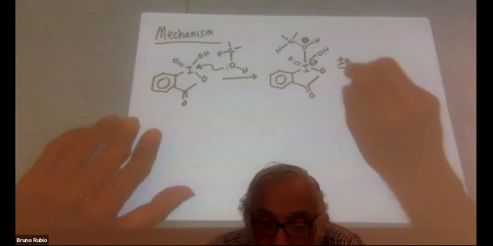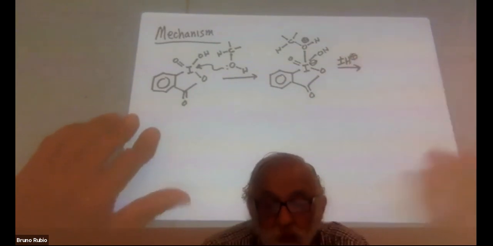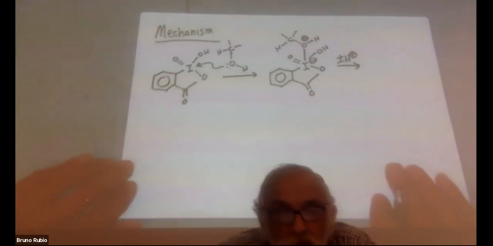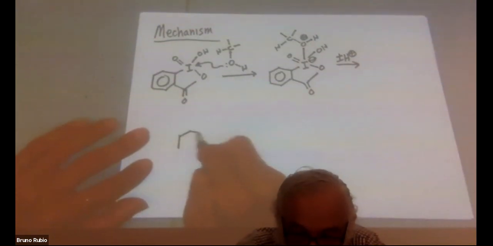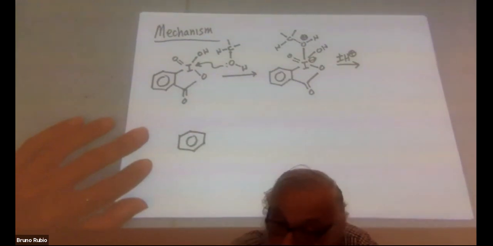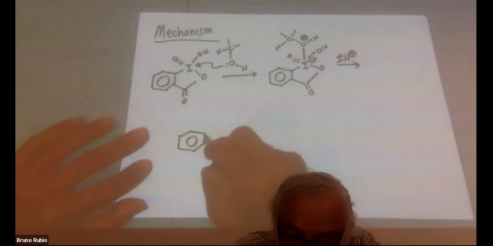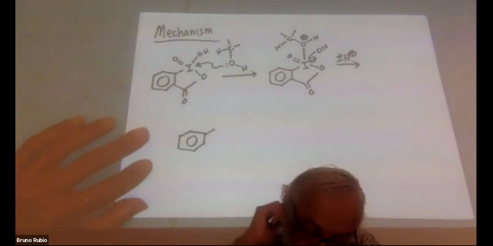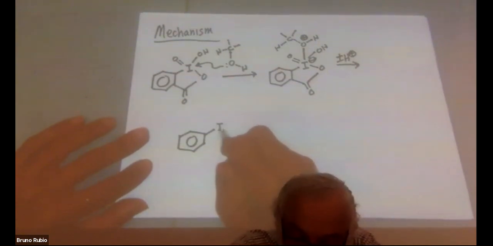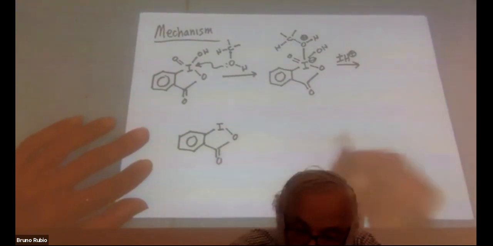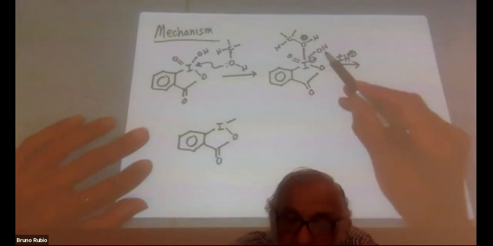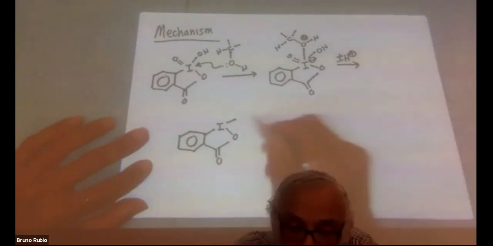All right, fiddling and diddling with protons. So we get, okay, don't screw this up. I'm talking to myself here. See this OH group up here at 2 o'clock on the iodine?